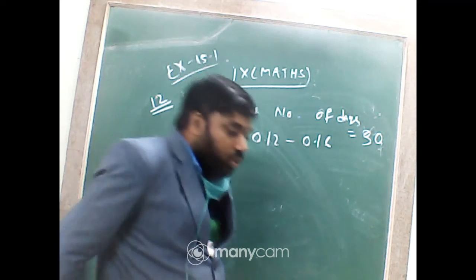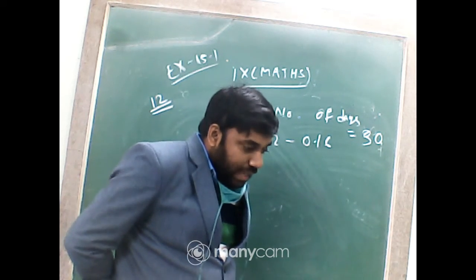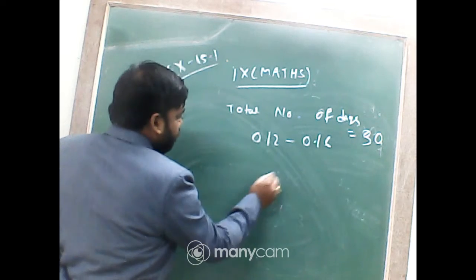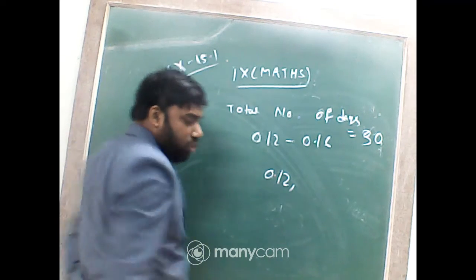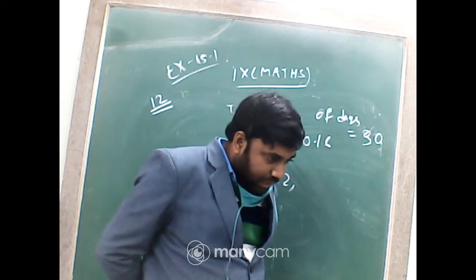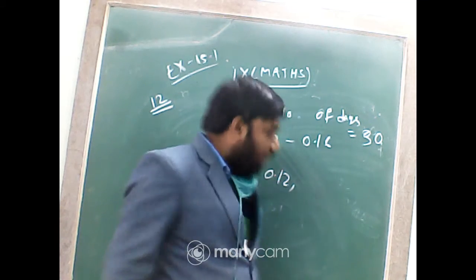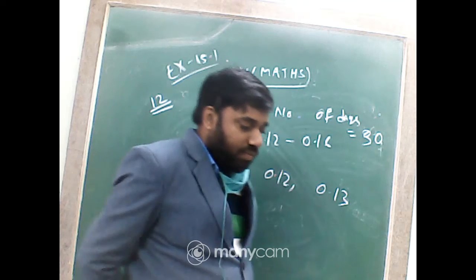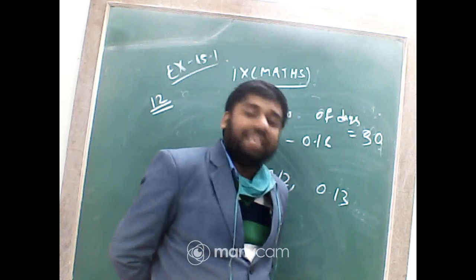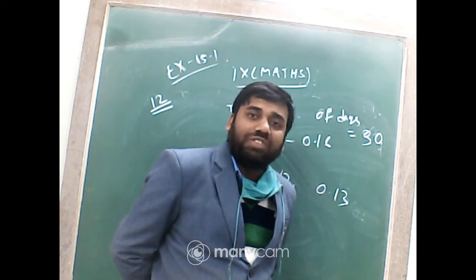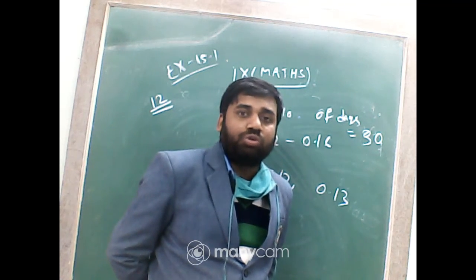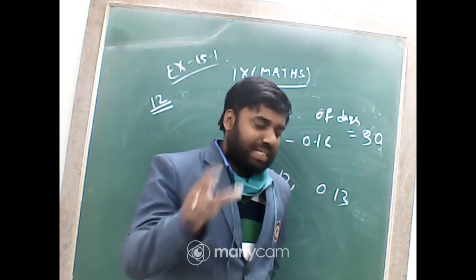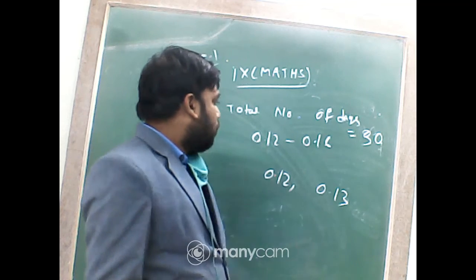If you notice that list, you will find that one number is 0.12, and another number, I am searching, that 0.13. In only 2 days I have found from that list that the amount of sulfur dioxide is between 0.12 and 0.16. So the number of days is 2.